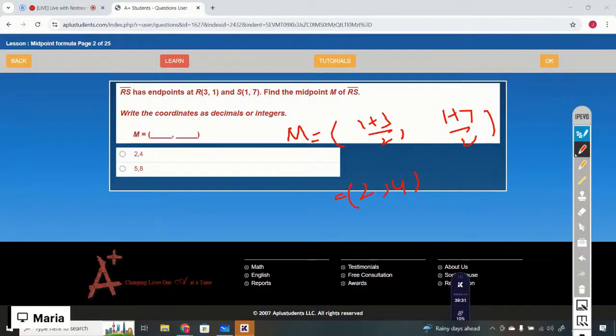Basically, you have to do x1 plus x2 over 2 and y1 plus y2 over 2. This is x1, this is x2. So 3 plus 1 over 2, that is 4 over 2 is 2. So we have 2.